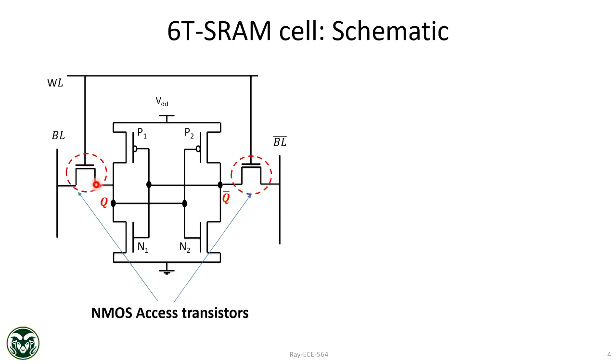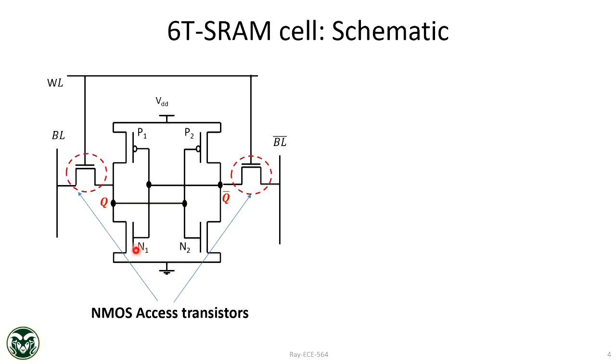The question to you is, if Q equal to 1, which transistors are on and which are off? There are 4 transistors you can see: 2 NMOS, N1 and N2, and 2 PMOS, P1 and P2. If Q equal to 1, N1 is not turned on, N1 is turned off, because Q equal to 1, a high voltage, will turn N2 on, right?